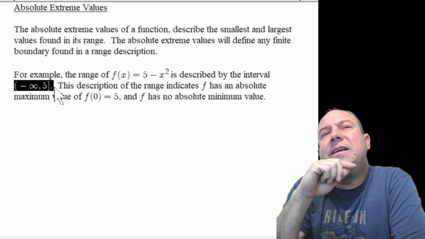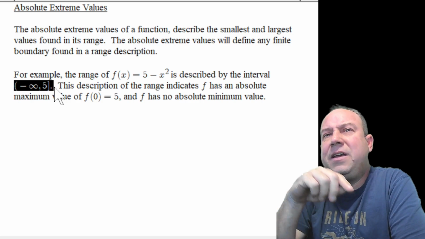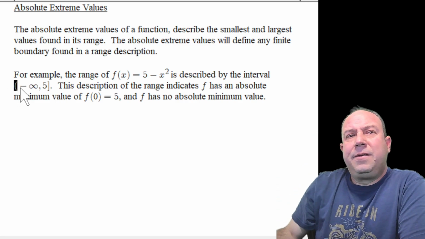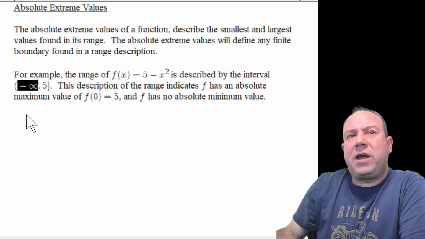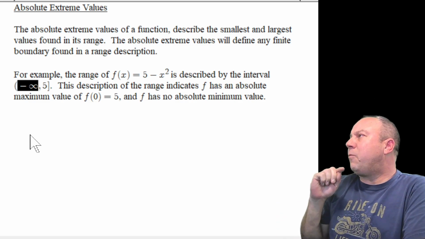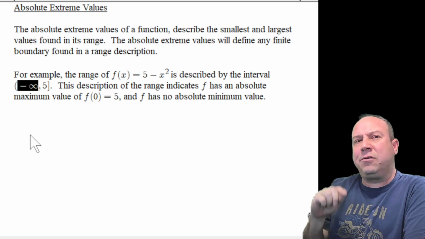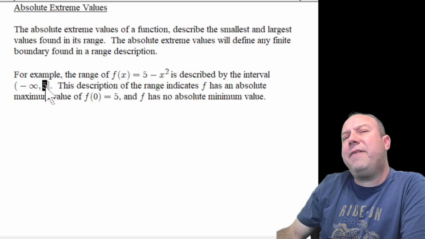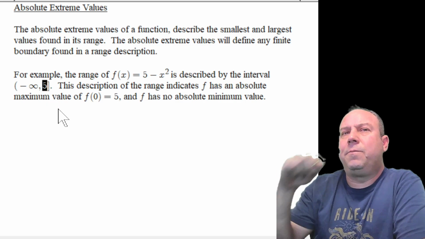So it does not have an absolute minimum value, since the smallest range value is never actually obtained. The range values are constantly heading down towards negative infinity. But it does have an absolute maximum value.